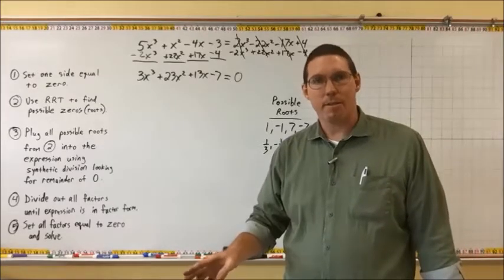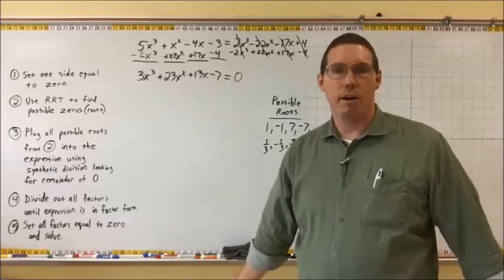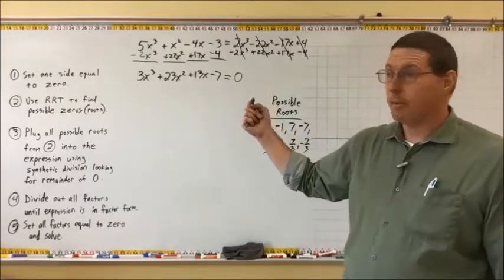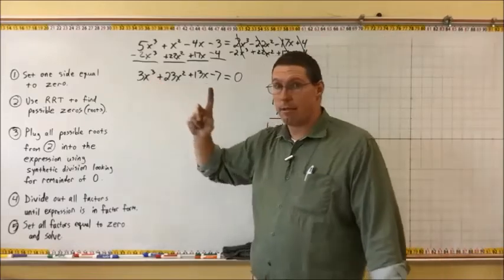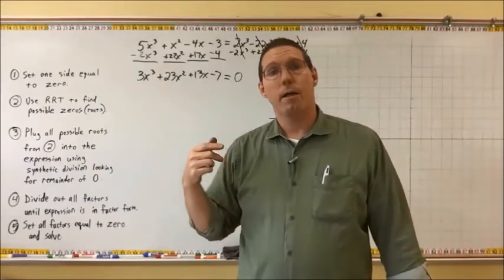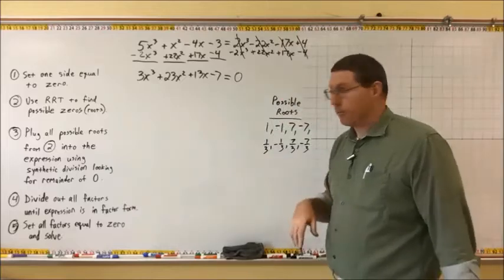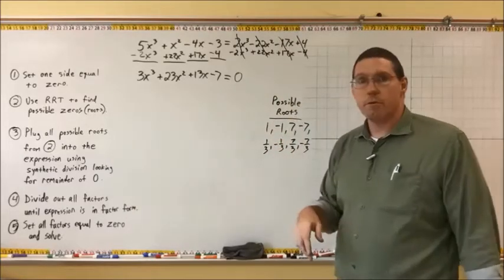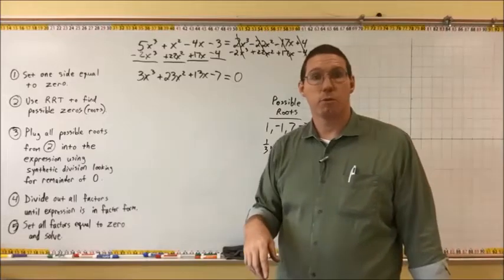If that happens, it means that none of the roots are rational, if there are any. Now this one has at least one root because it's a third power polynomial. And I'll talk about that another time. But it's possible that all of the roots are irrational roots.